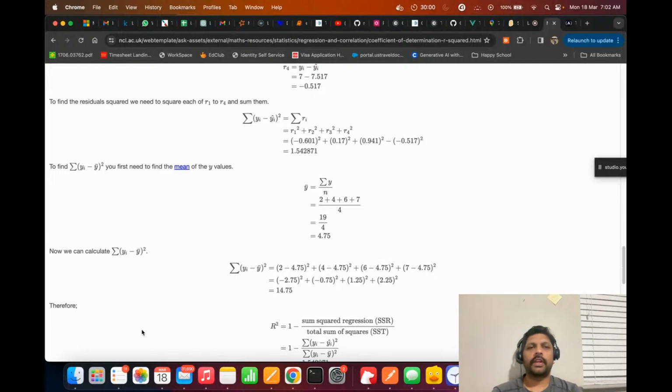Mean of y values means mean of actual values. Means we are looking at each value's distance from the mean. How far are they distributed from the mean values?